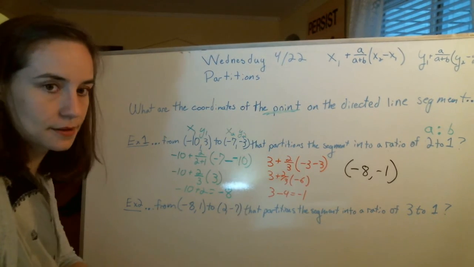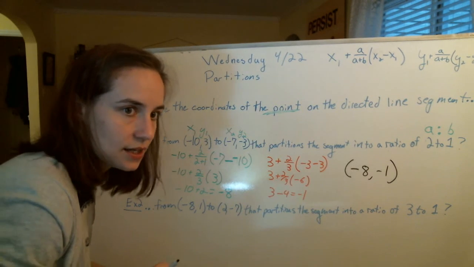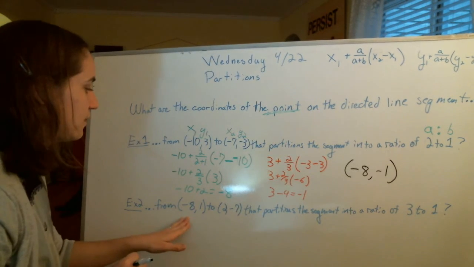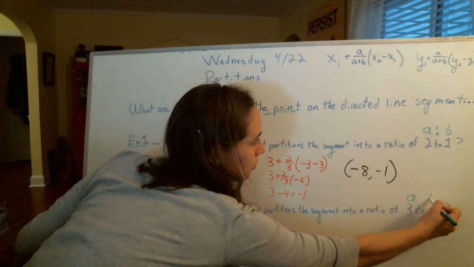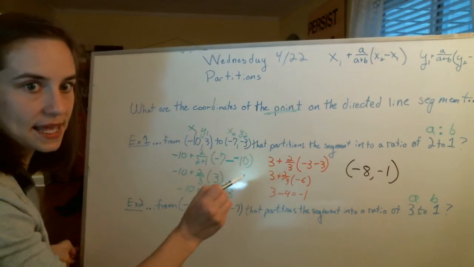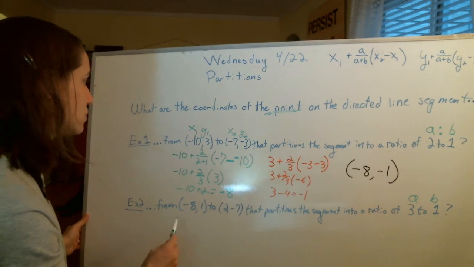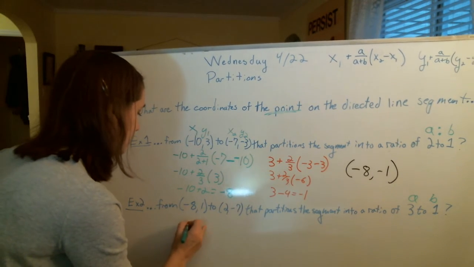Let's do it again. All right, x is first. Okay, we've got negative 8, 1 to 2, negative 7 to a ratio of 3 to 1. Keep in mind it's a then b. So our x1 is going to be negative 8 this time.